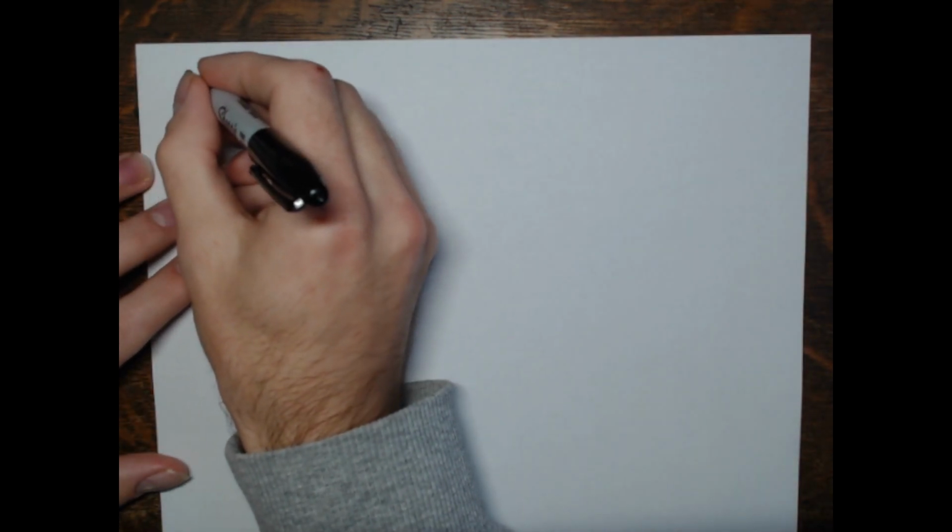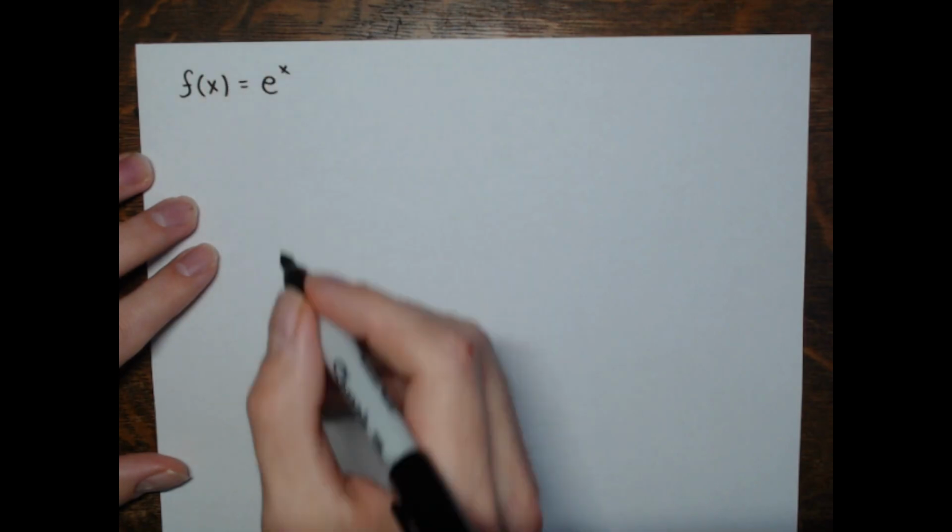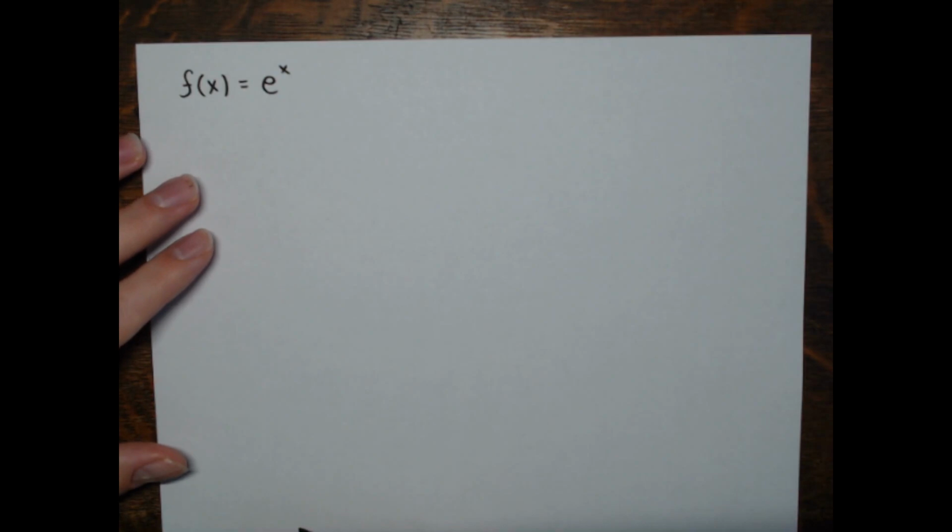All right, so again, very similar problem, but this time instead of being centered at 0, it's centered at 5. So the function we're given is e to the x, which has some nice easy derivatives.